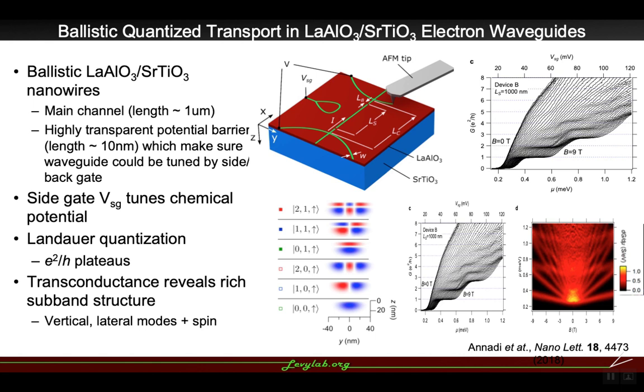And also, if we write some different structures of the waveguide, such as vertical, lateral, or combine them, then we can see some rich subband structure on the transconductance figures.